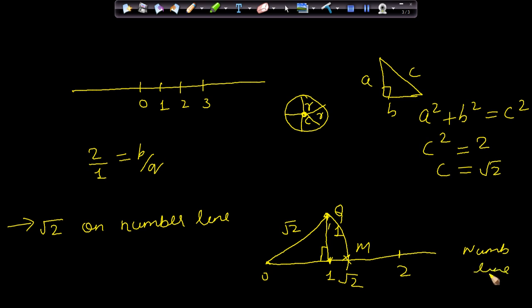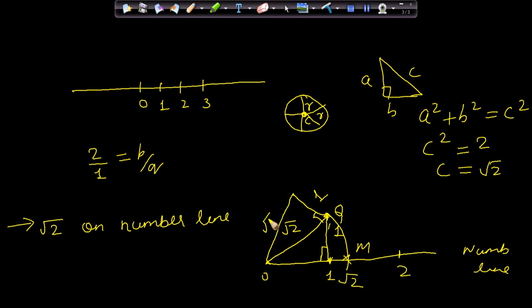Similarly we can represent root 3. How? This is root 2, right? We draw a perpendicular of length 1 centimeter and join this. How much will be this? By Pythagoras theorem, root 2 square plus 1 square, how much? 2 plus 1, that is 3, and root of 3.